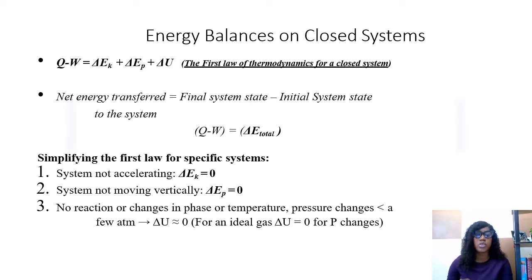So if there is no acceleration, there's no movement, sorry, then we'll have our change in kinetic energy being equal to 0. If our system is not moving vertically, then our change in potential energy would also be equal to 0. And if there are no interactions or phase change or temperature change, etc., then our delta U would be approximately equal to 0.